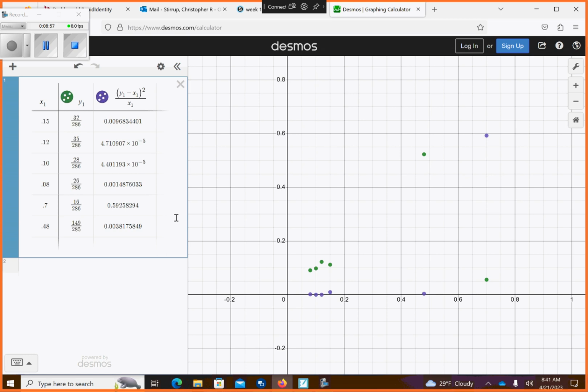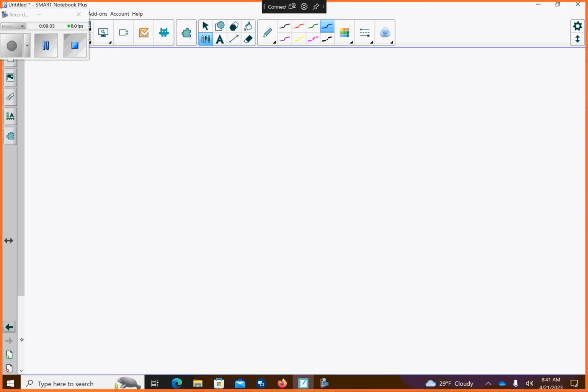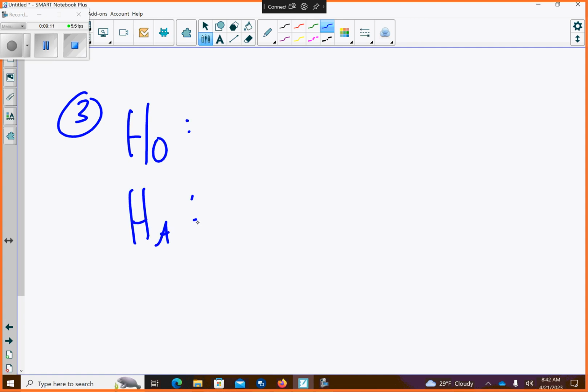So that's kind of how Desmos is going to work with that. So if we were to say, what is our null and what is our alternative? So our null hypothesis is, we could say that mu is ice cream flavors or something like that.